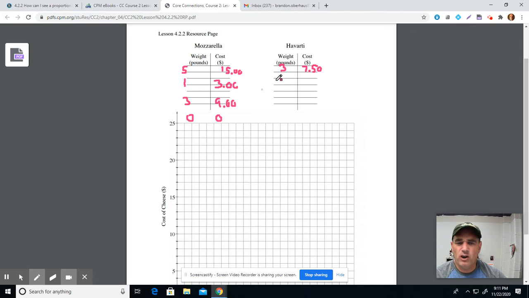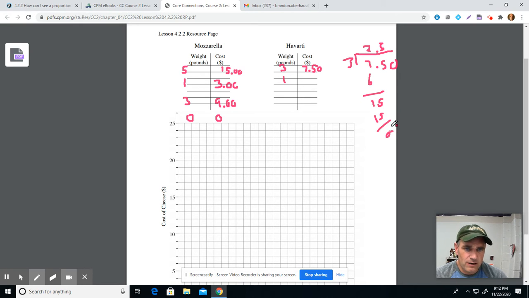And then for the Havarti, let's find out about 1 pound. So I'm going to divide this by 3, and I need to divide that by 3. 750 divided by 3. It goes in there twice. That's 6. That's 15. That goes in there 5. 15, no remainder, but I still have a number here, so it'll be 350.